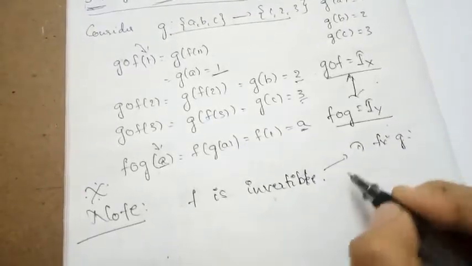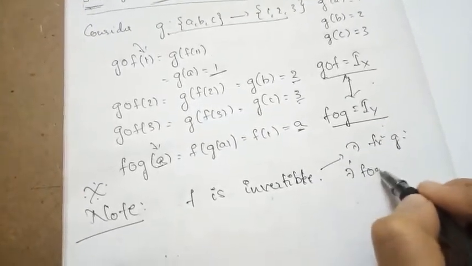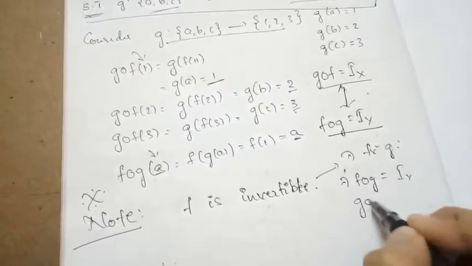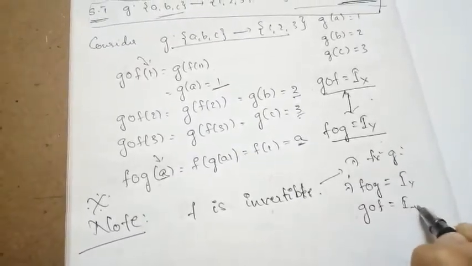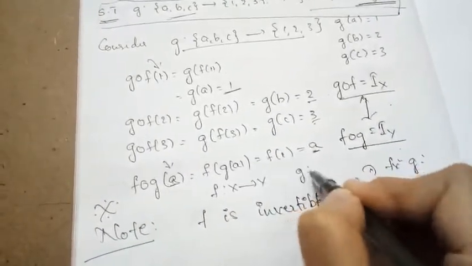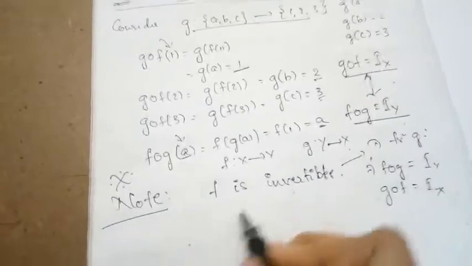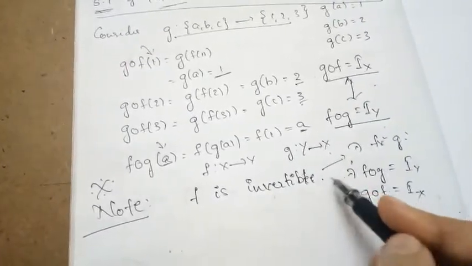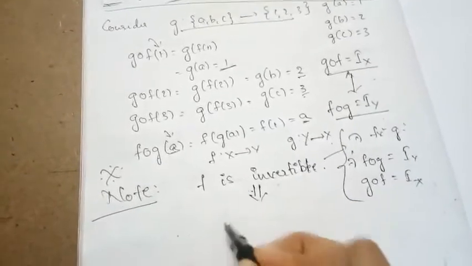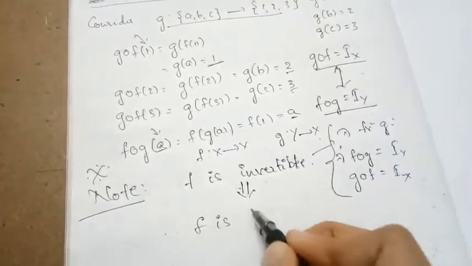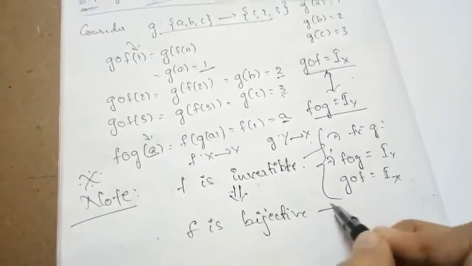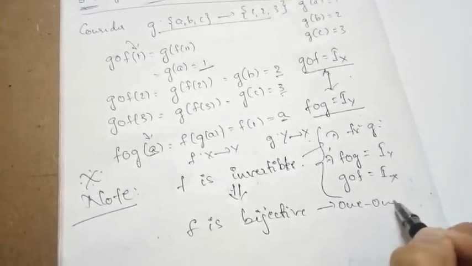There exists a function g such that fog is equal to iy and gof is equal to ix, where f is defined from x to y and g is defined from y to x. Suppose f is invertible, where the invertible definition is this one. Then it implies f is bijective. Bijective means f is both one-one and onto.